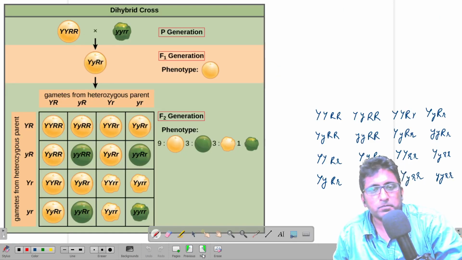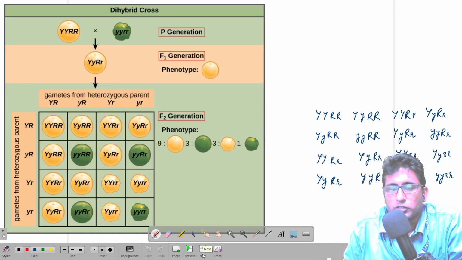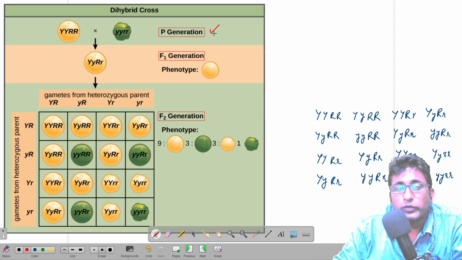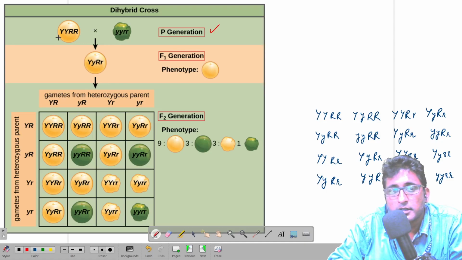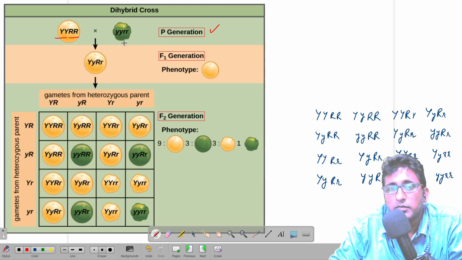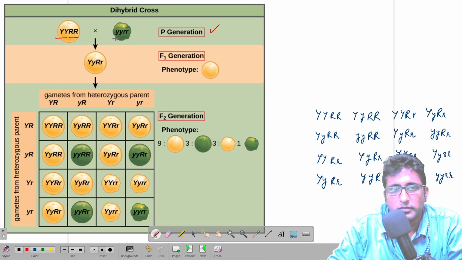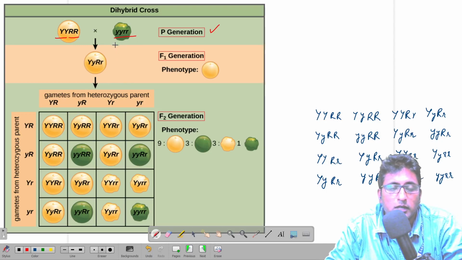So we'll now try to solve a Punnett square. So this is the parent generation. We have taken homozygous capital Y, capital R, so it is yellow and round, and we have crossed it with a recessive parent, homozygous recessive for both the traits, shape and color of the seed.